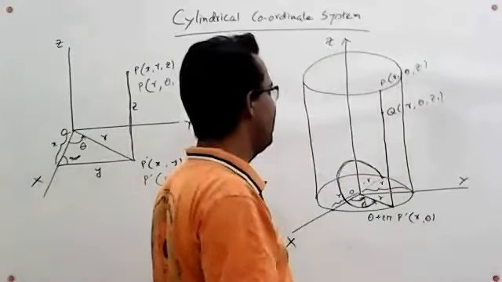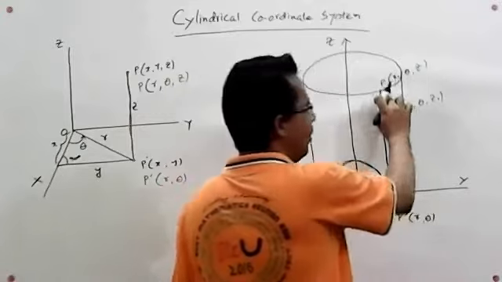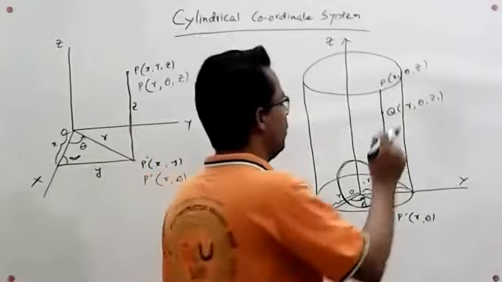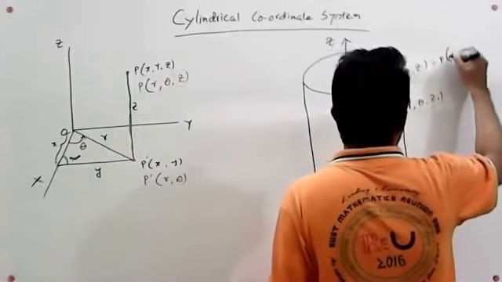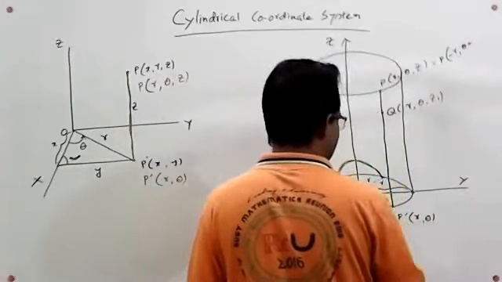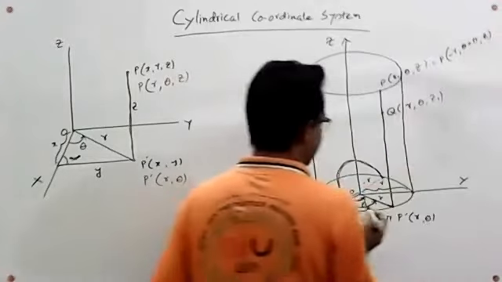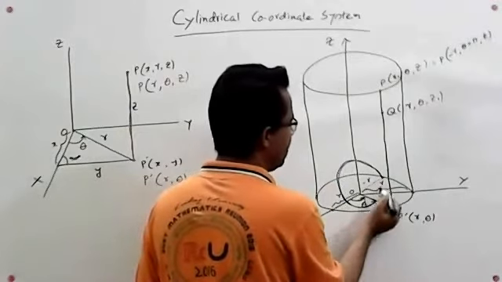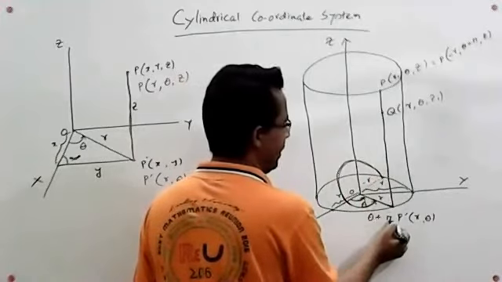So we can say that in the cylindrical coordinate system, a point has two identities, or we can reach it by two methods. Another representation of P will be P (minus R, theta plus pi, z), where z is constant. This line makes an angle with the opposite direction, theta plus pi.